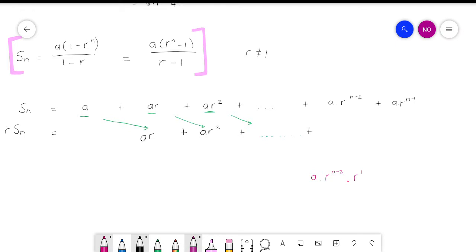As ek hom gaan maal met r, dan word hy mos a maal r tot die mag n min 1. So in other words, this one moves there. Almal nog by?